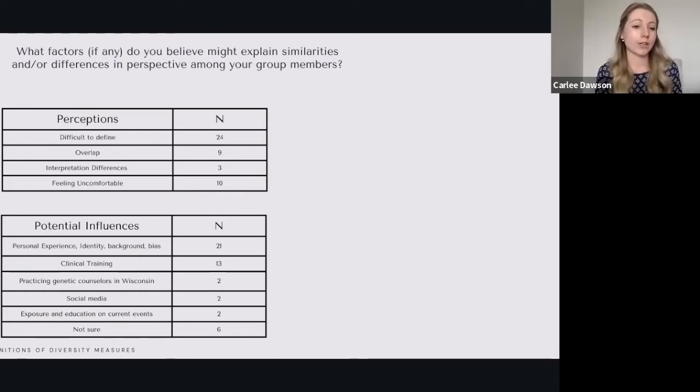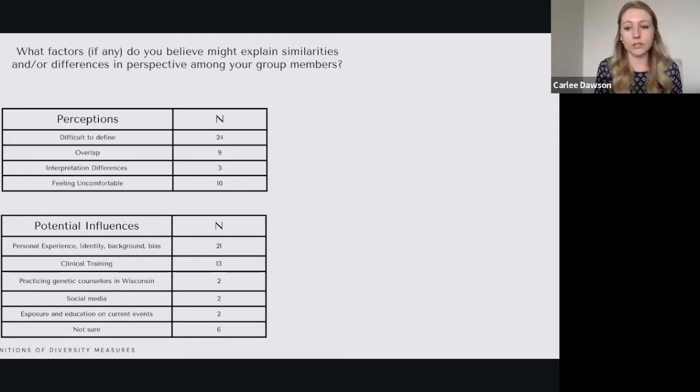Potential influences included personal experience, identity, background bias, and similar clinical training, as the majority of participants were genetic counselors practicing in the state of Wisconsin, and even some influences like social media or exposure or education on certain current events.